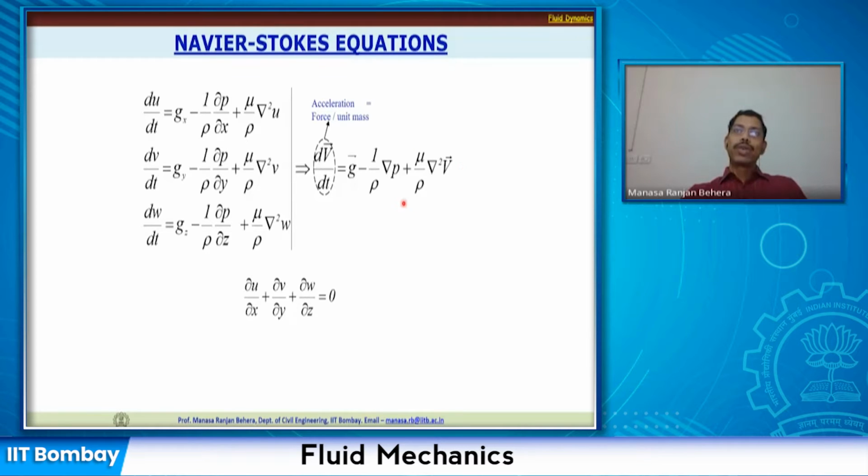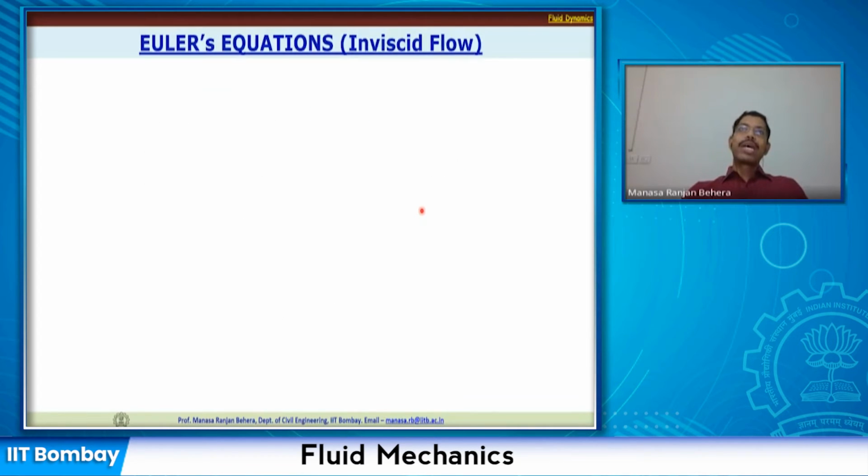If I do that, the equation I get is nothing but Euler's equation. Euler's equation is applicable for inviscid flows. In other words, it is an ideal fluid, where viscosity is not there. So the moment the viscous effect is negligible, when we are not solving that mu by rho del square V term, we can call it Euler's equation. For Euler's equation we will not have the viscous term present.